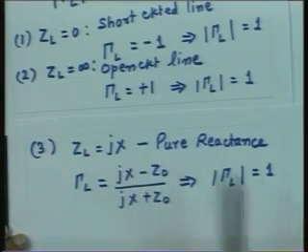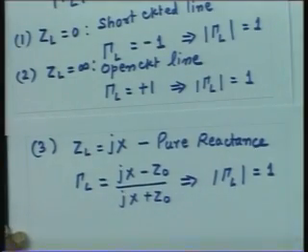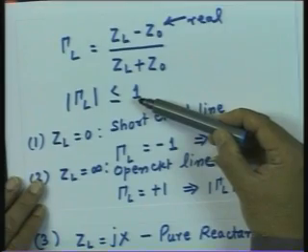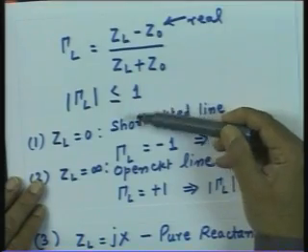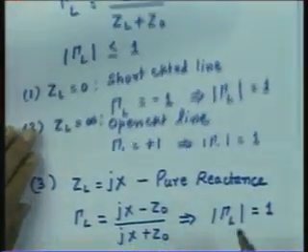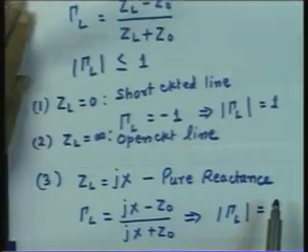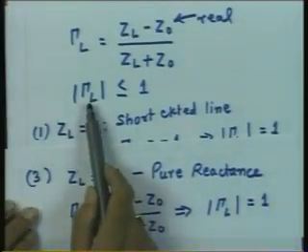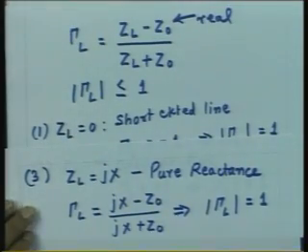That means the entire energy which reaches the load end gets reflected. So, what we see from here is the reflection coefficient is always less than 1. It becomes equal to 1 in the special cases, that is short circuit, open circuit or ideal reactance. Otherwise, the magnitude of the reflection coefficient is always less than 1.